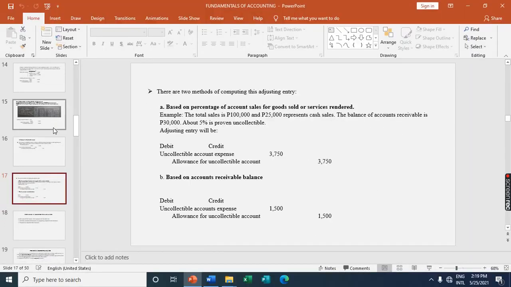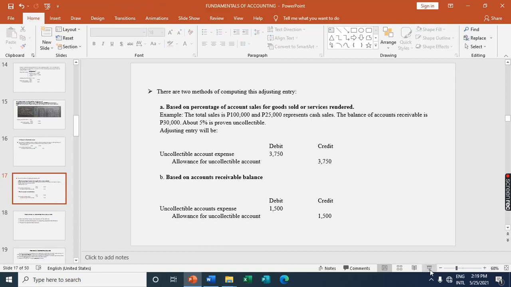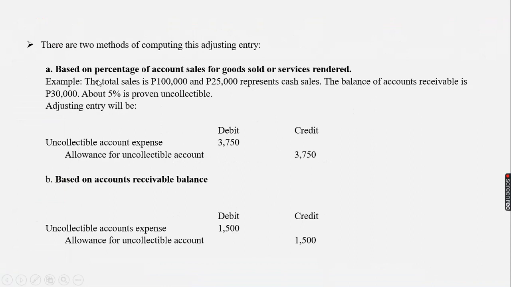Wait nga lang. I-ayos natin yung presentation. Ayan. So, paano natin nakuha yung 3,750? Sabi kasi niya, based on percentage of account sales for goods sold or services rendered. Sabi niya, about 5% is proven uncollectible. So, yung balance mo sa accounts receivable mo is 30,000.